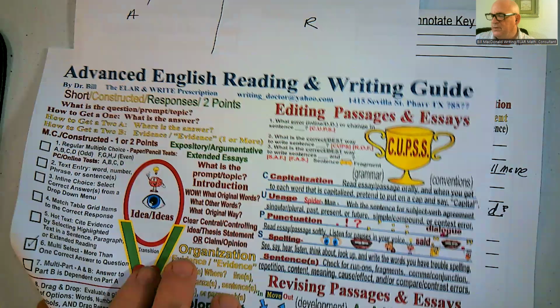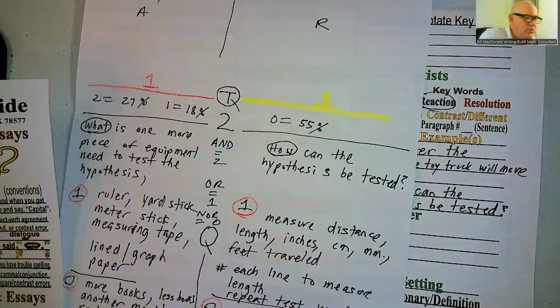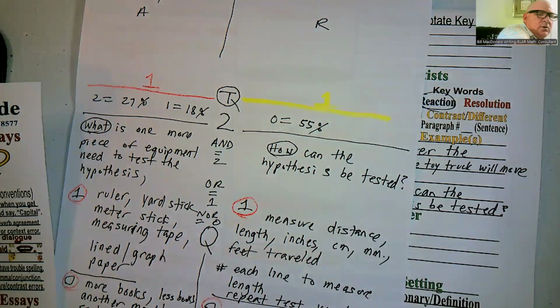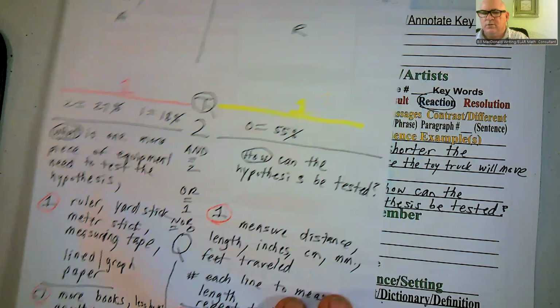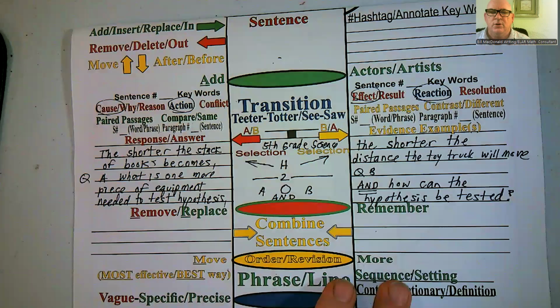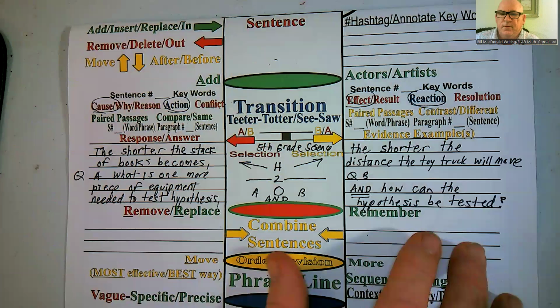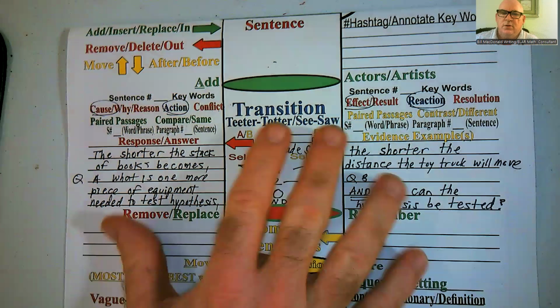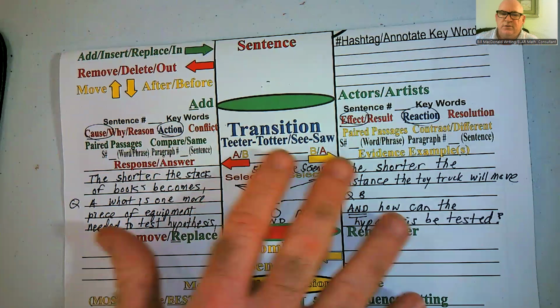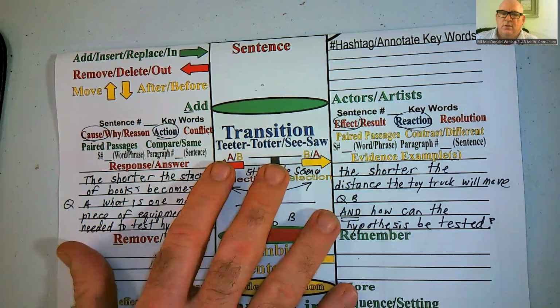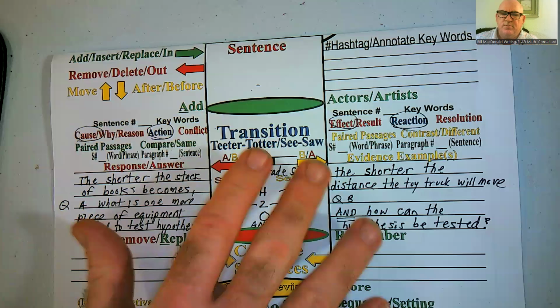All right. So I'm going to break down the question using my transition, teeter, totter, seesaw, compare, contrast relationship.